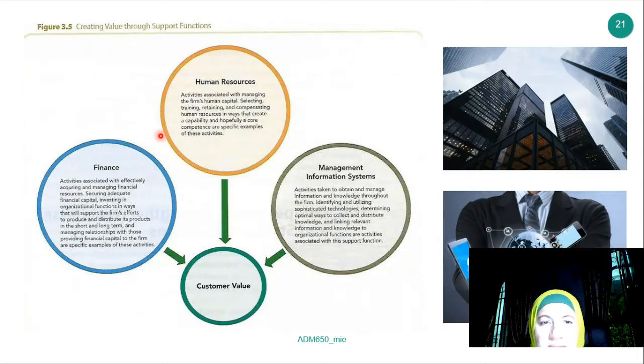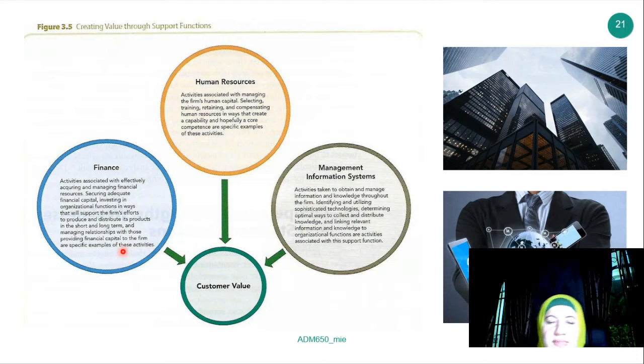And then customers are also concerned about finance, in terms of management of financial resources, how the organization's function supports the firm's effort to produce and distribute its product in the short and long term, and managing relationships with those providing financial capital to the firm.